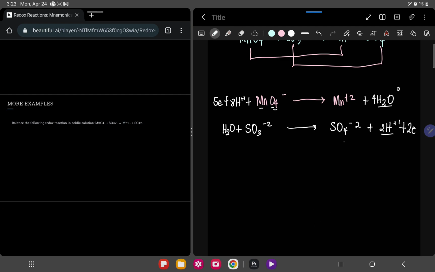Okay, so now that we are finished with the half cells, we have to combine both of the half cells. So we have to write first the one from the left side, and then later we'll add the one on the right side. So let's add 5 electron plus 8 hydrogen plus permanganate negative plus H2O plus SO3 or sulfur trioxide. And then the other half of the equation, we have first manganese positive 2 plus 4 H2O.